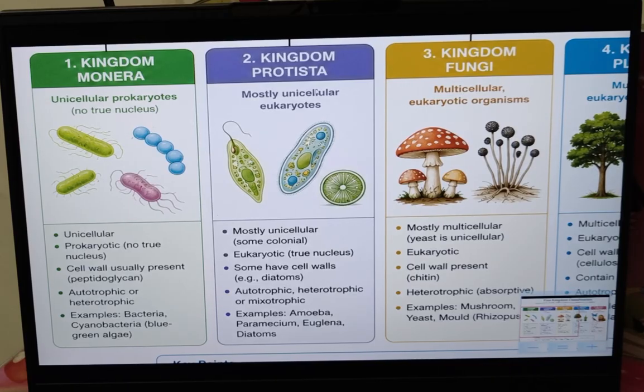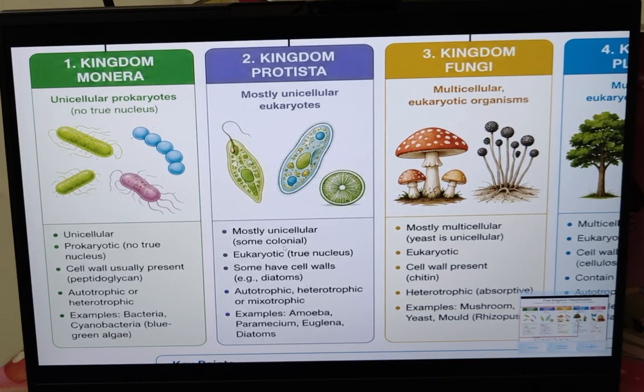Then coming to kingdom Protista, this includes unicellular eukaryotes. What do you mean by unicellular? A single cell, which doesn't have a different cell for performing each and every function. The whole body is made up of only a single cell. Mostly unicellular, some colonies, which means they live in groups.